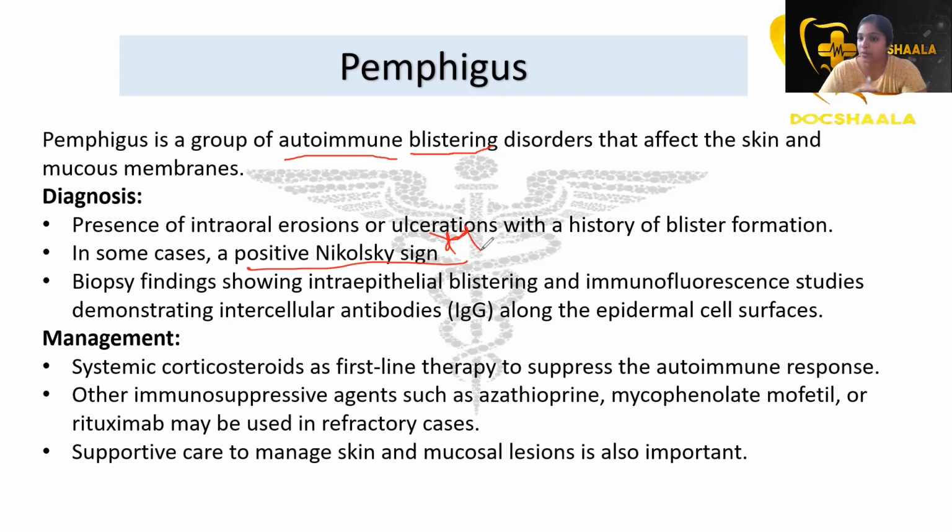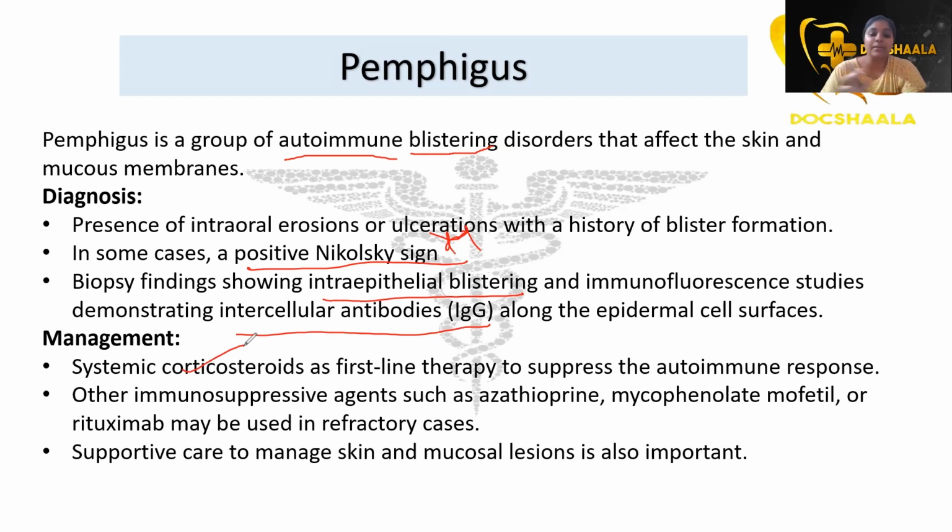Then biopsy findings. What will be the biopsy findings? Intraepithelial blistering, and immunofluorescence studies demonstrate intercellular antibodies, that is IgG, along the epidermal cell surfaces. The management of pemphigus: as it is an autoimmune disorder, we'll go for systemic corticosteroids as the first line of therapy to suppress the autoimmune response.